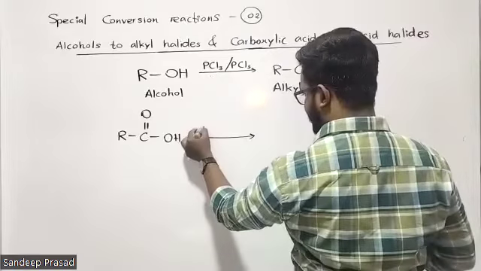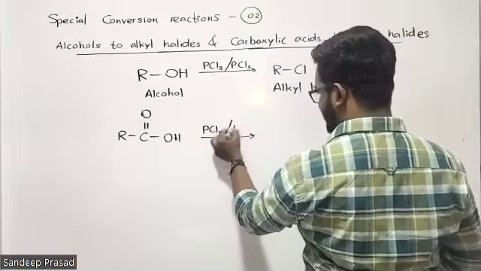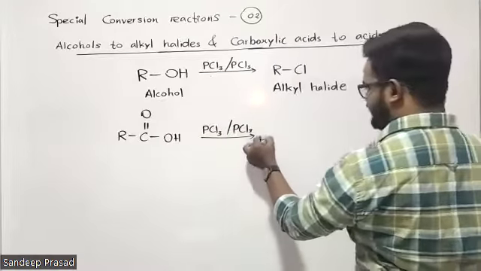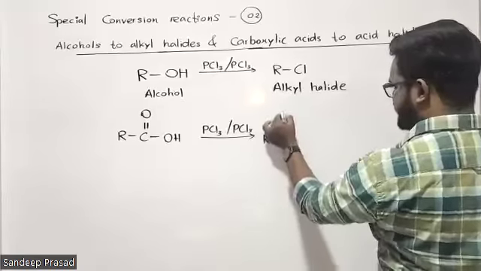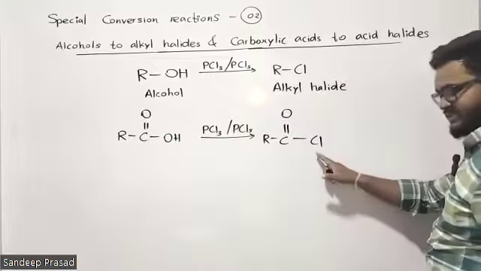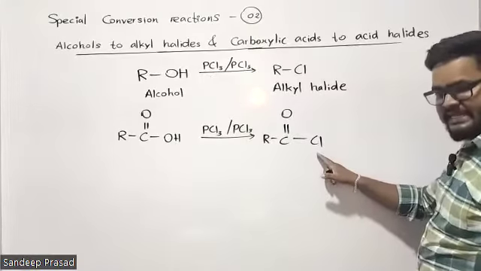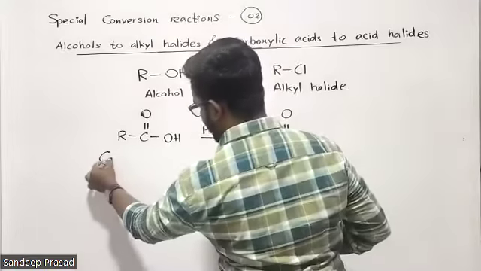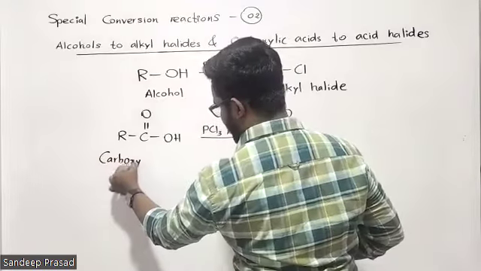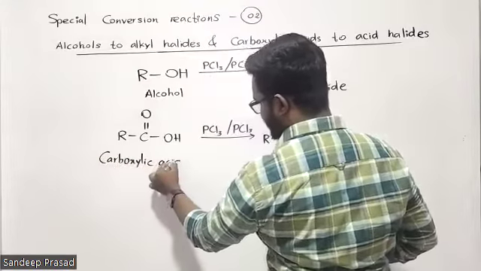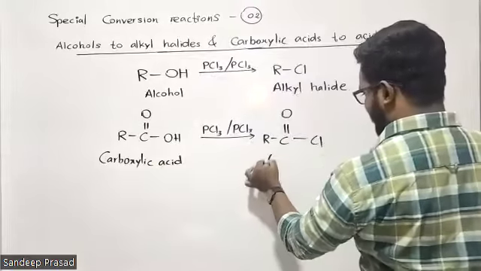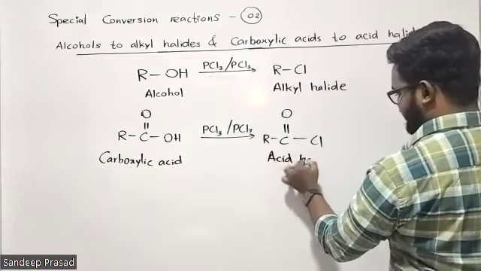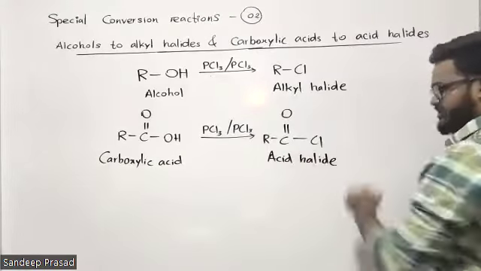Here also we can add PCl3 or PCl5. Then this will convert into RC double bond O Cl. What is this? We know this is acid halide. So we started from a carboxylic acid and ended up with an acid halide. Can you understand?